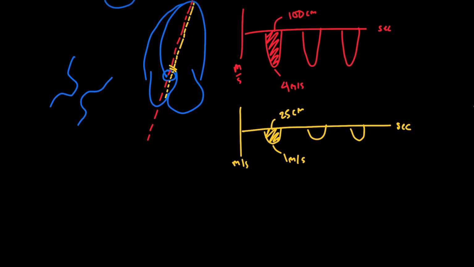And so if I measure the velocity at this point right here, right at the LVOT, I'll see that it's going at 1 meter per second. But if I were to measure it right in the middle here, where it has to race through, I'll get a much higher value of 4 meters per second. And if I was to measure it later, I might see again that it's moving at a slower velocity. So we measure the velocity both at the narrowest point and right before that in the LVOT.